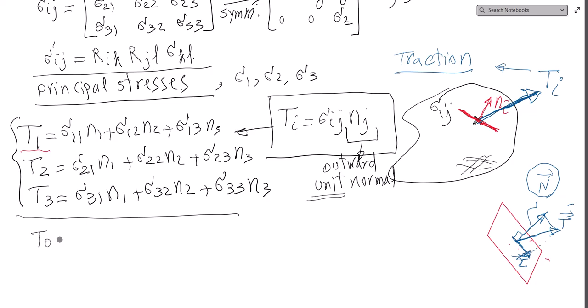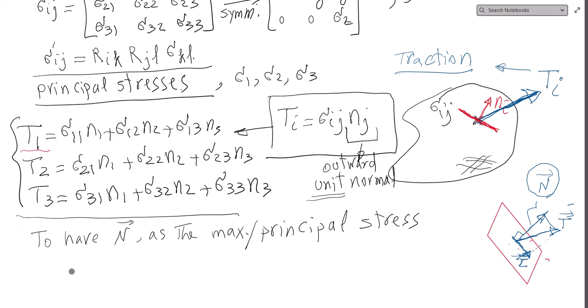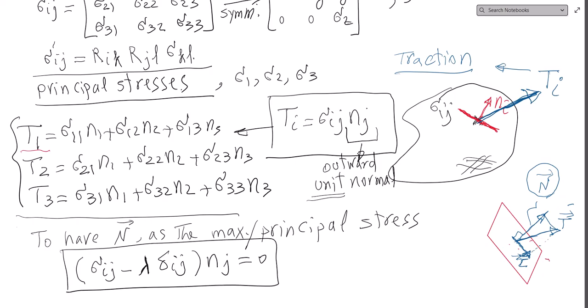So let me summarize it here. To have N as the maximum, or shall we say principal stress, that mathematical procedure will give us this equation: sigma ij minus lambda delta ij, where lambda is a coefficient we call the Lagrange multiplier, times nj equals 0.